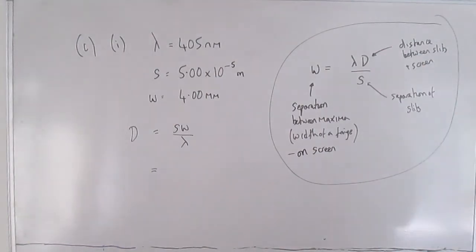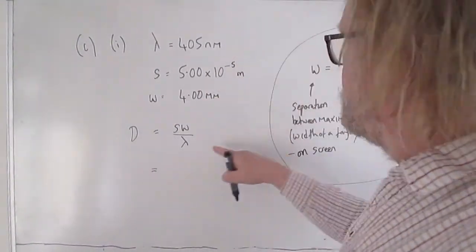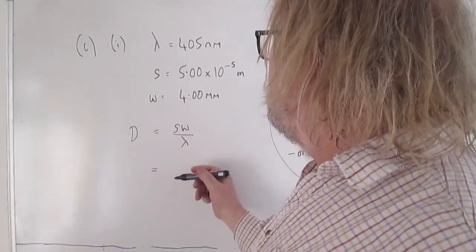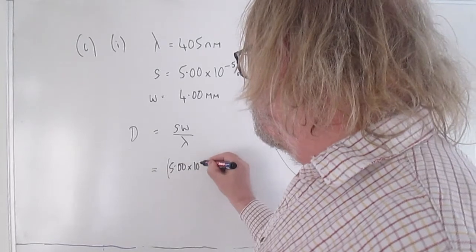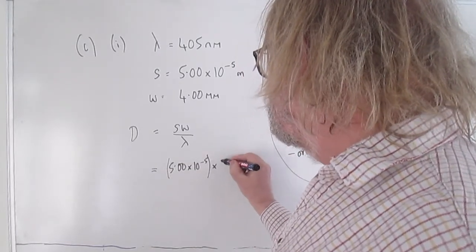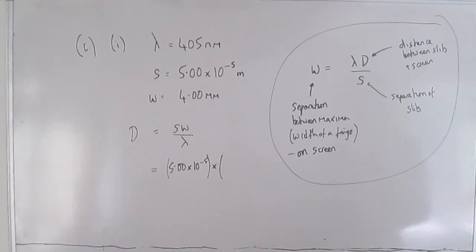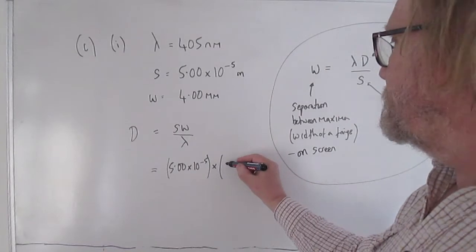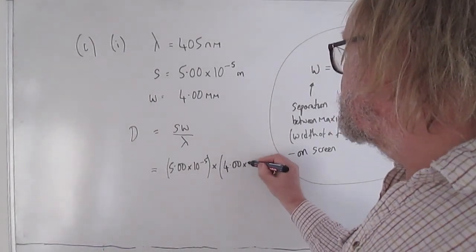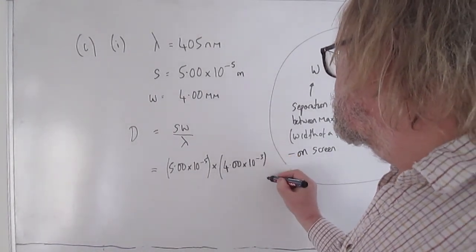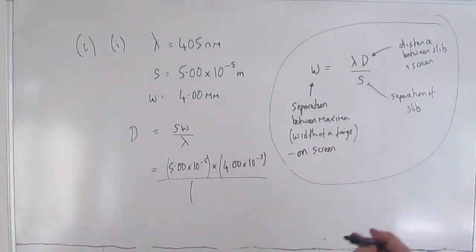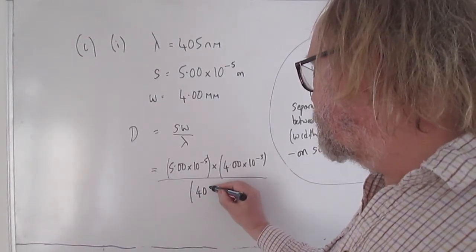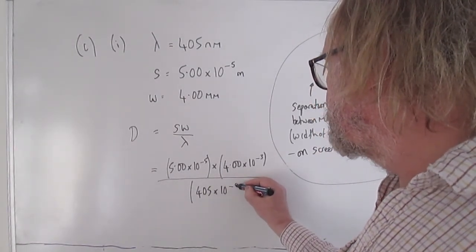Sorry, let's start with S. S is 5 times 10 to the minus 5 meters, so that one is already in meters. W is in millimeters, so a millimeter is 10 to the minus 3 meters, so that's 4.00 times 10 to the minus 3. And lambda is in nanometers. Remember, a nanometer is 10 to the minus 9 meters, so that's 405 times 10 to the minus 9.